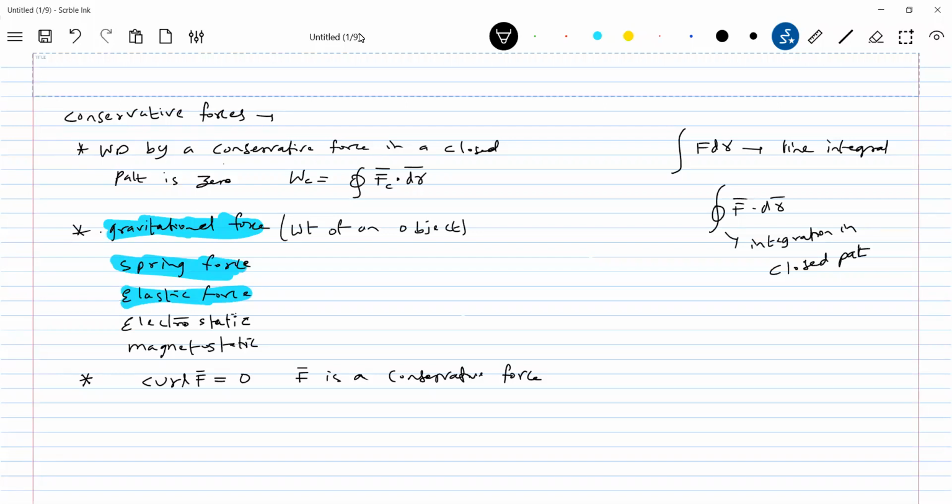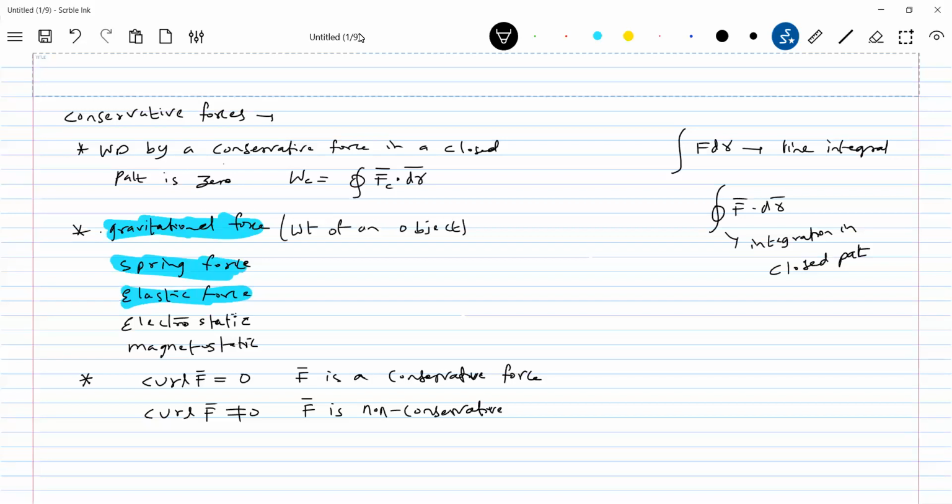Similarly, if curl of F bar is not equal to 0, then F bar is a non-conservative force.